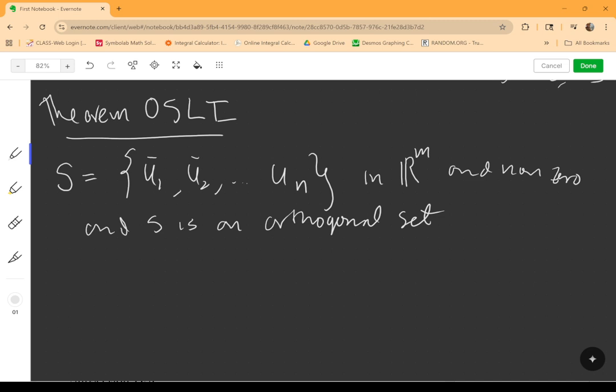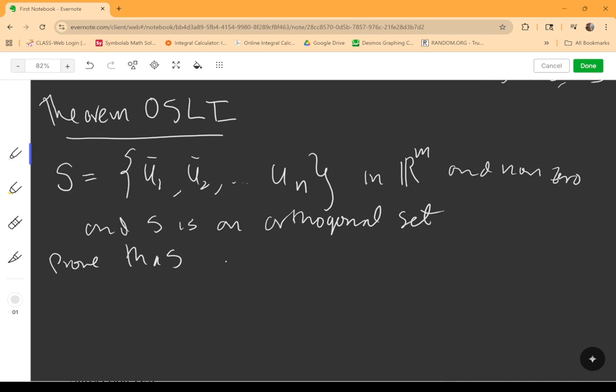Again, we make this distinction that they're non-zero. We can think the zero vector, just by the nature of the inner product, is going to be orthogonal to every vector. So that's one thing to keep in mind. Here we are specifically looking at an orthogonal set where none of them are the zero vector.